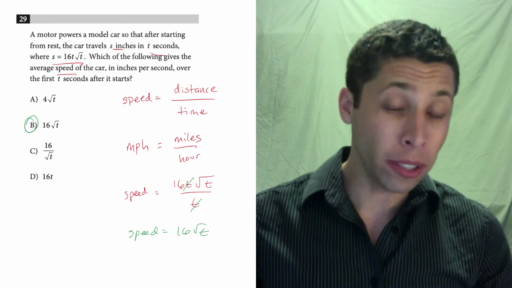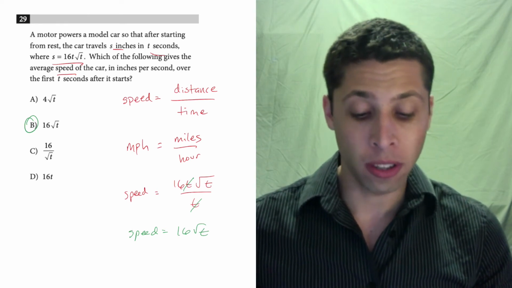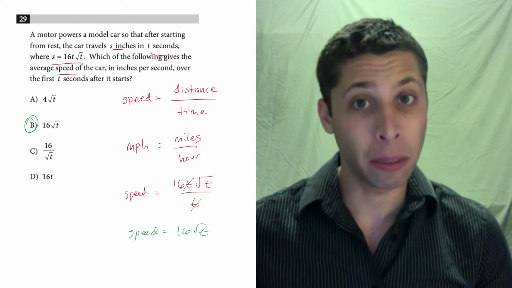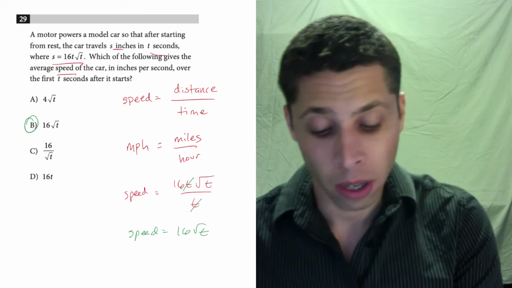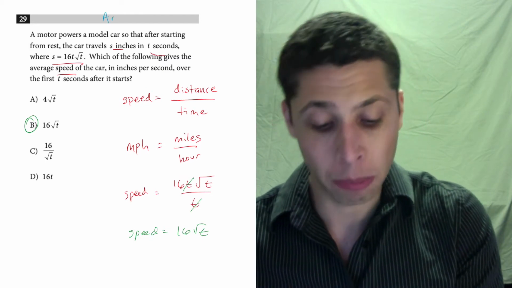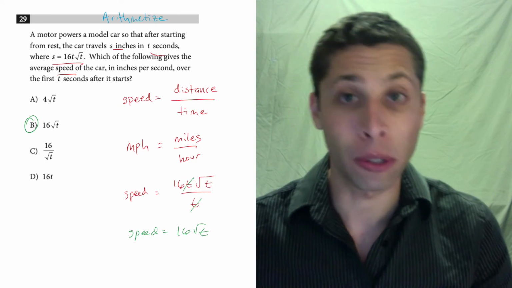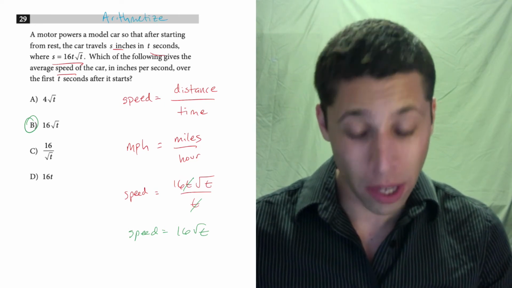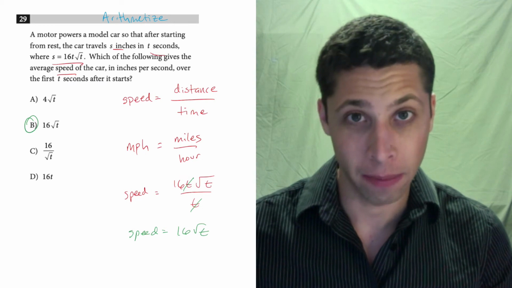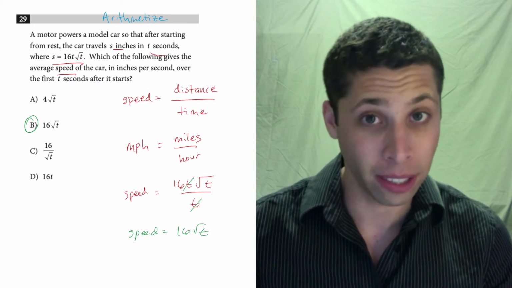But if you weren't sure, you should notice that this question involves some variables that we never need to solve for, so we could use arithmetize here if we wanted to, and pick numbers for our variables. We want to pick numbers that make the math a little easy.